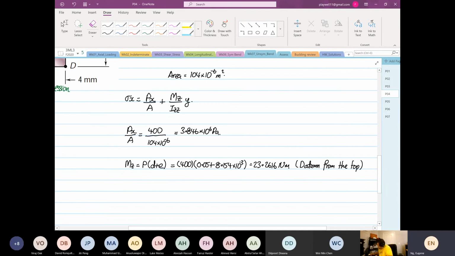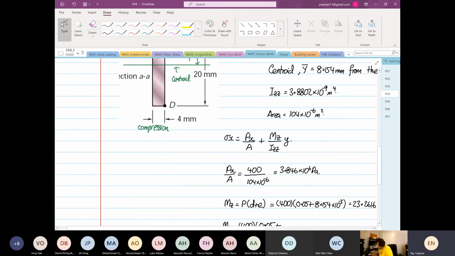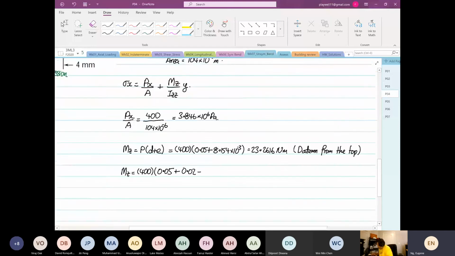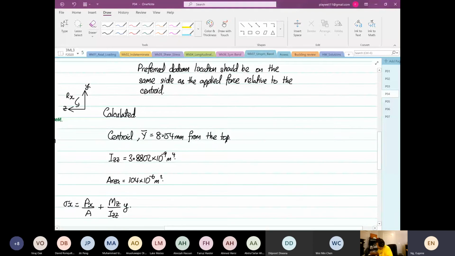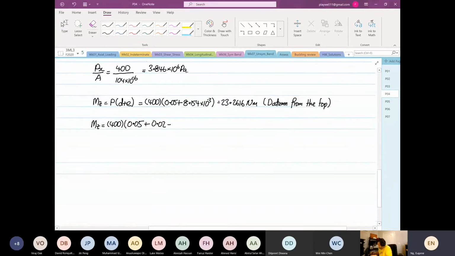I want to show you, if you take the datum from the bottom, it is 400 multiplied by 0.05 plus 0.02, that's the entire length. And because you take it from the bottom, you have to minus the centroid, which from the bottom is 11.846 millimeters.